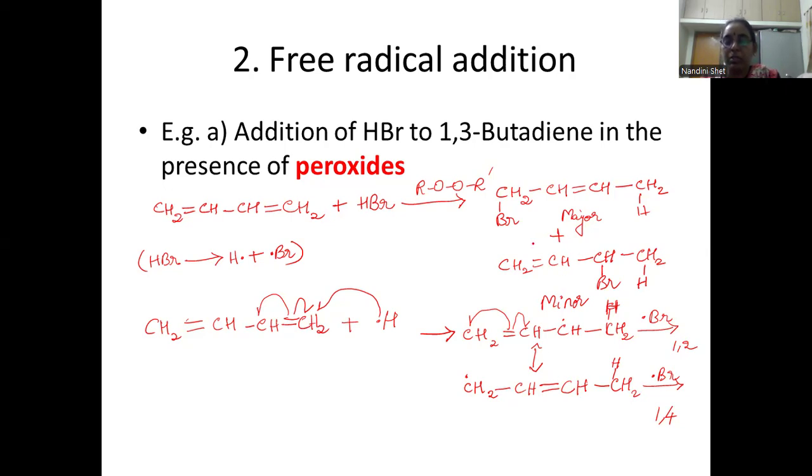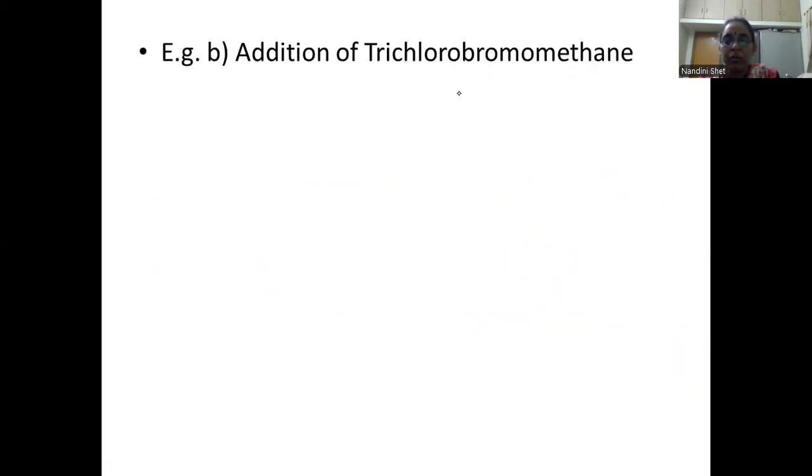Similarly, this final product, the first one, is a more substituted alkene when compared to this one. So this becomes the major product. So that is about the free radical addition reaction.